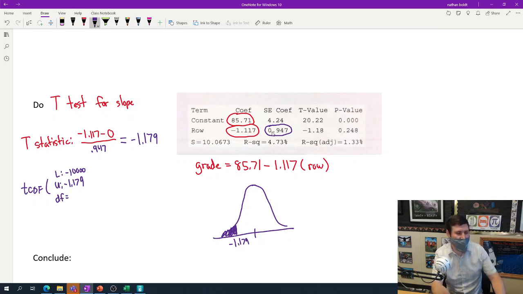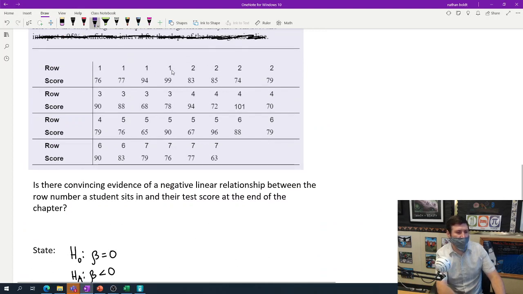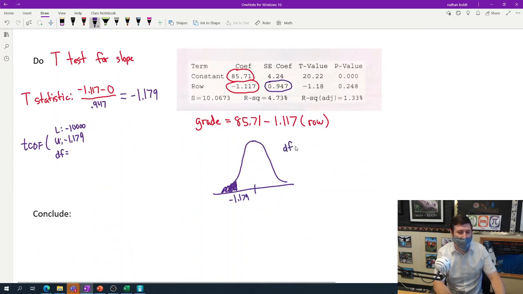How many data points did we have? 1, 2, 3, 4, 5, 6, 7, 8. So 8, 16, 24, 25, 26, 27, 28, 29, 30. So my degrees of freedom are 30 minus 2, so 28.